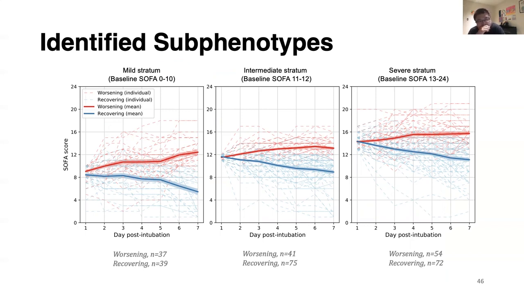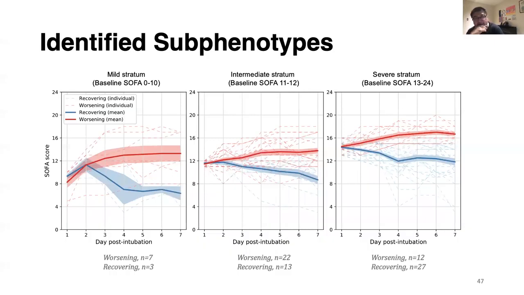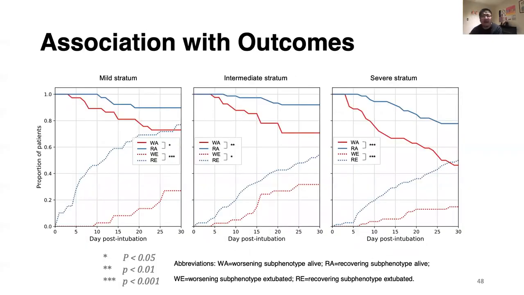So we can see the 2 trends for all 3 strata. This is the result on the validation set, where we see pretty much the same trend. But for the mild stratum, the curves are not that smooth, because the number of samples is really small. It's just 10.